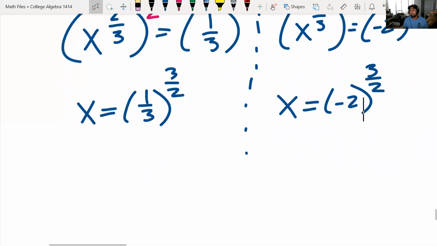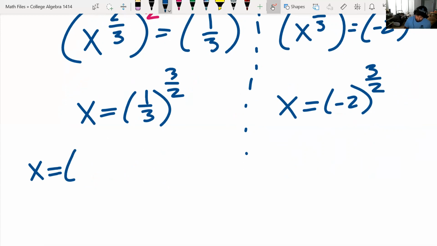Now, how do we fix this? A lot of work, right? So remember, we have our rational exponent properties. So one way I can rewrite this is as x equals the square root of 1/3 cubed.